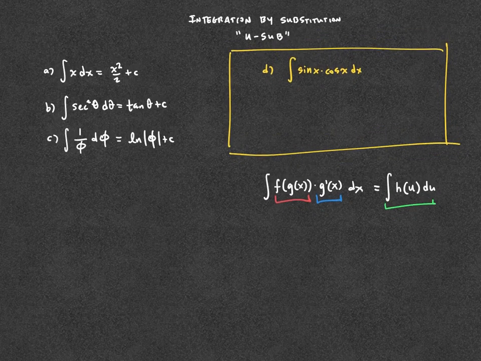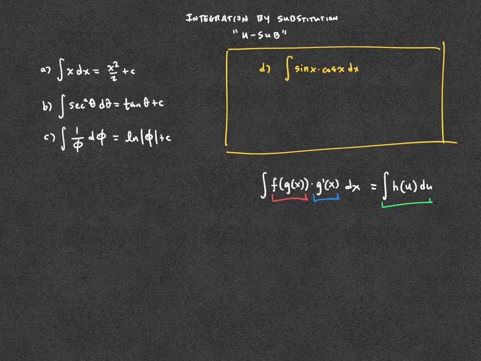So let's talk about how this will work mechanically. We want this variable u to equal g of x. The reason is that when I differentiate both sides, I get du dx equal to g prime of x. Our end result is to get all functions and variables in terms of u alone, so I want to find a way to substitute and rid myself of anything x related.